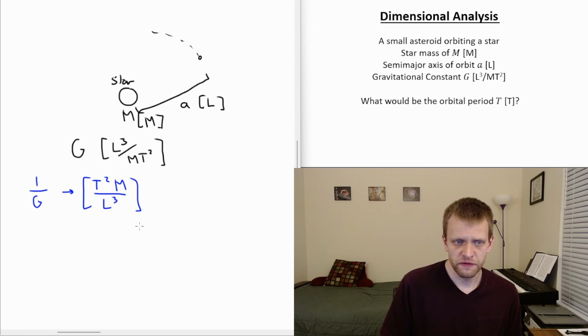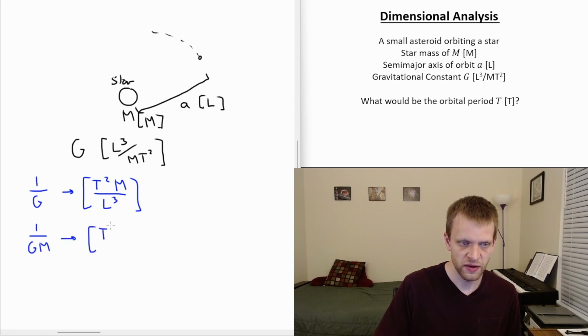Well, let's get rid of the mass first. So if I want to cancel out this mass, I want to divide this by the other mass that I have, the star mass. So if I do 1 over G times M, then those masses cancel out, and I get T squared, time squared divided by length cubed. Well, the only other quantity that we have in here is the semi-major axis of that orbit. That's going to be a length. So let's multiply this by length cubed.